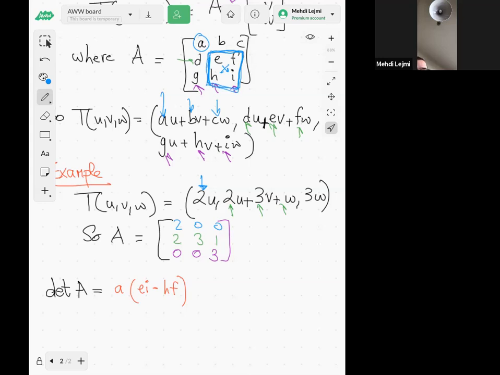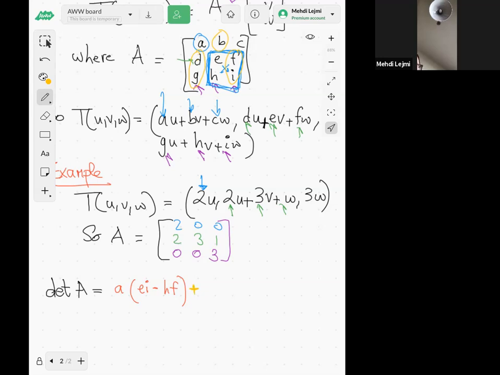And then you move to the B. If you take B, you take the 2 by 2 matrix with D, G, F, and I, right? There's a minus here, or a plus, depending on how you write the formula, but let's go with the plus.